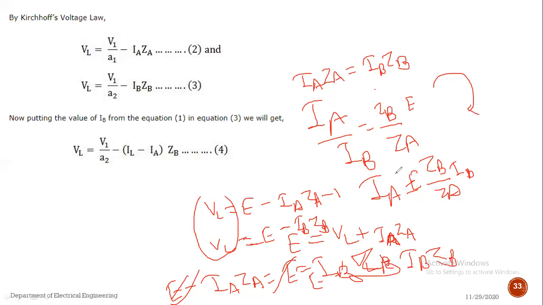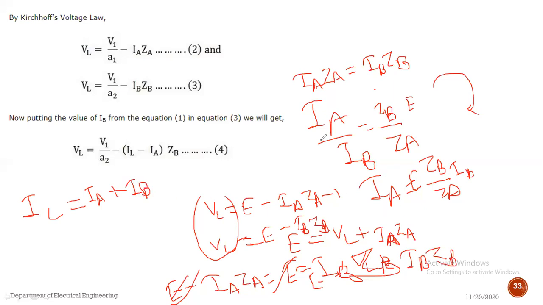Now the total current supplied: if we put this value in the first equation, the load current equation, using KCL, IL equals IA plus IB, yes.